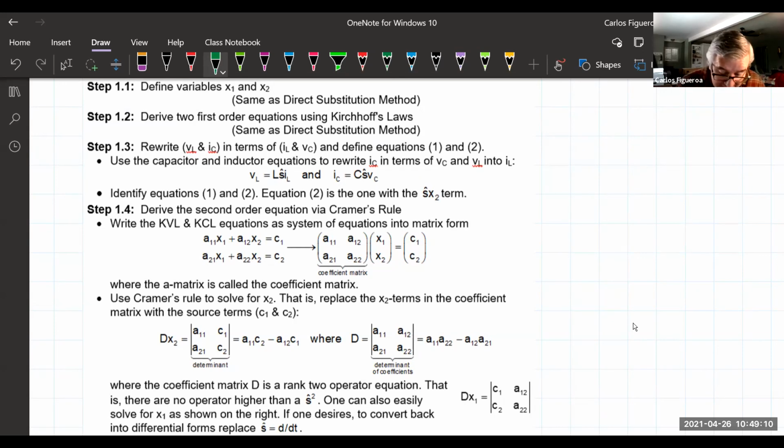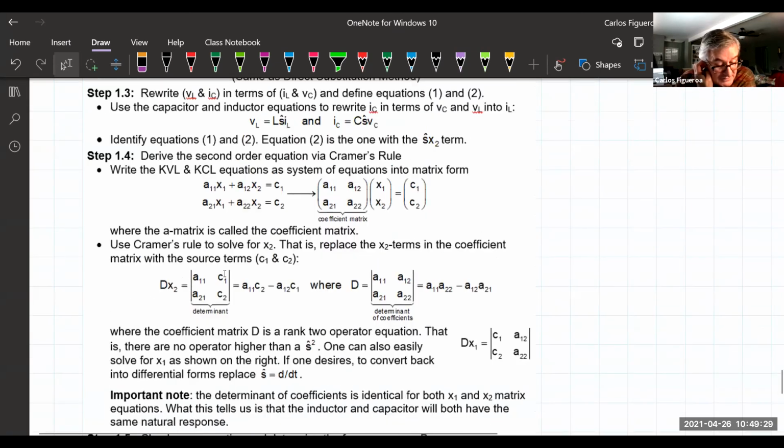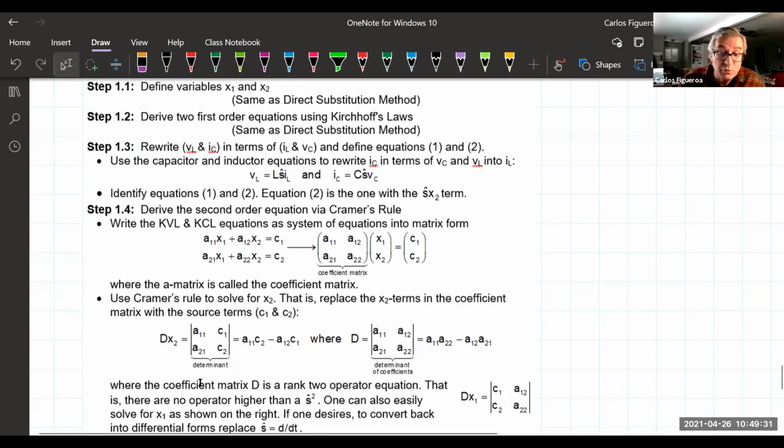And in that process, there's some stuff that comes out that is really, really powerful. Once we solve that matrix equation, we could turn it into a differential equation if we want. And then, of course, we do the final step to check whether it's good or not. So the big difference is in step 3 and 4. Really, 4 is the one.